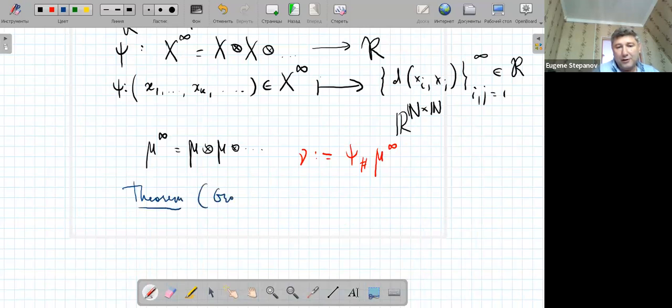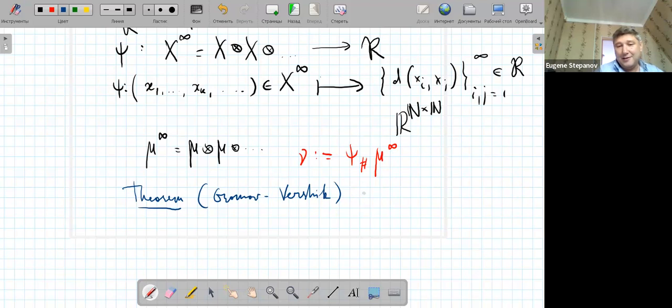so the theorem, Gromov and Vershik, is that if you know this measure nu, which is the measure on the infinite distance matrices, it means that you know completely your metric measure space.